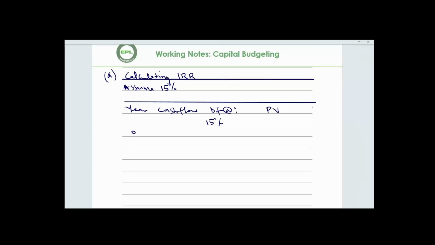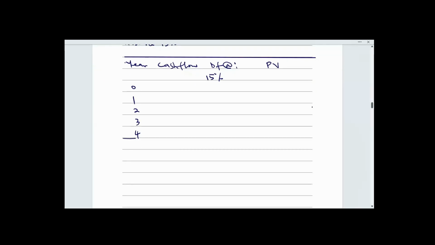So year 0, 1, 2, 3, and then 4. All right. So cash flow in year 0 is 86 million. 19 in year 1, 38 in year 2, 39 in year 3, then 44 in year 4.